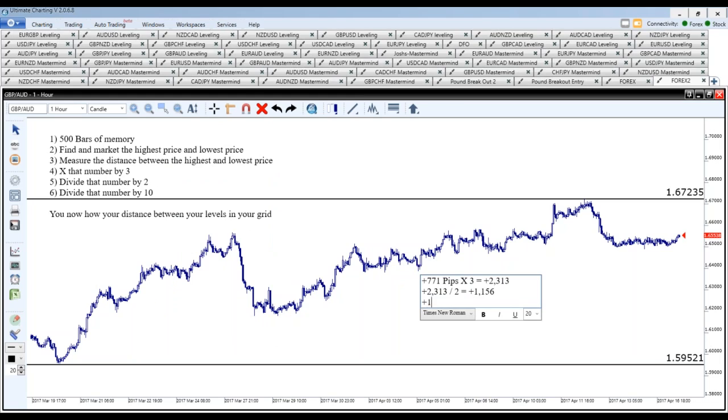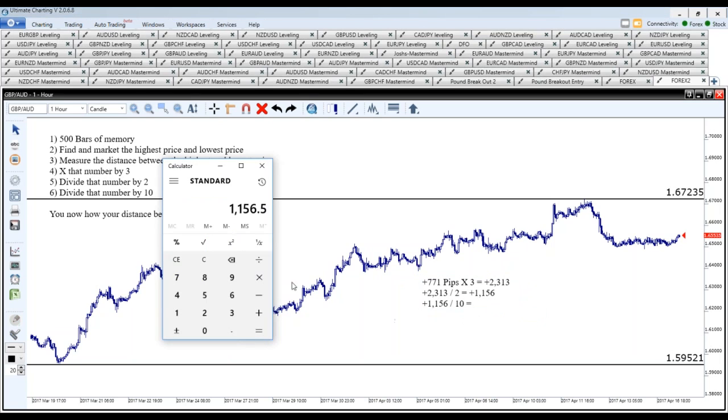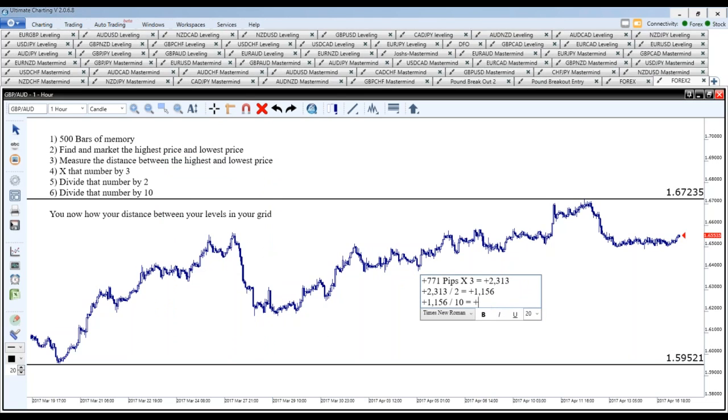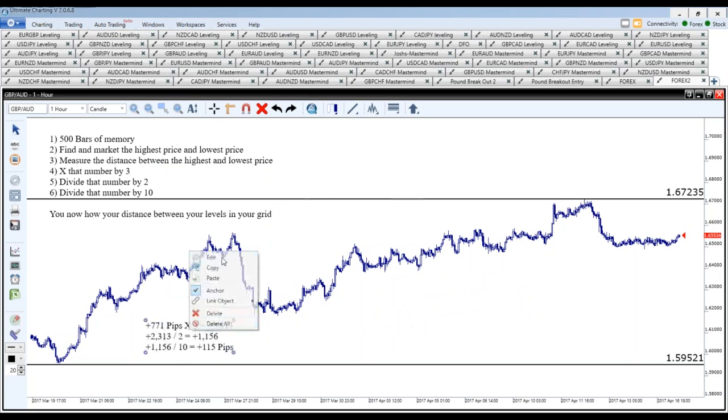Now I'm going to take that number, 1,156, and divide that by 10. That's the number of levels I want in my grid. Now, what's that number? 1156 divided by 10, 115. So 115 pips is the distance in my grid. You can use this formula on any currency pair and any time frame, okay?